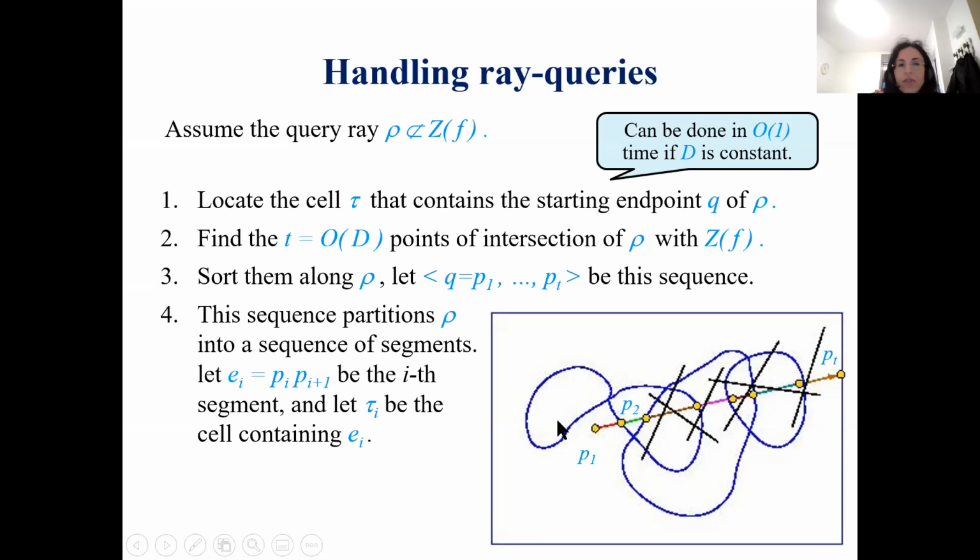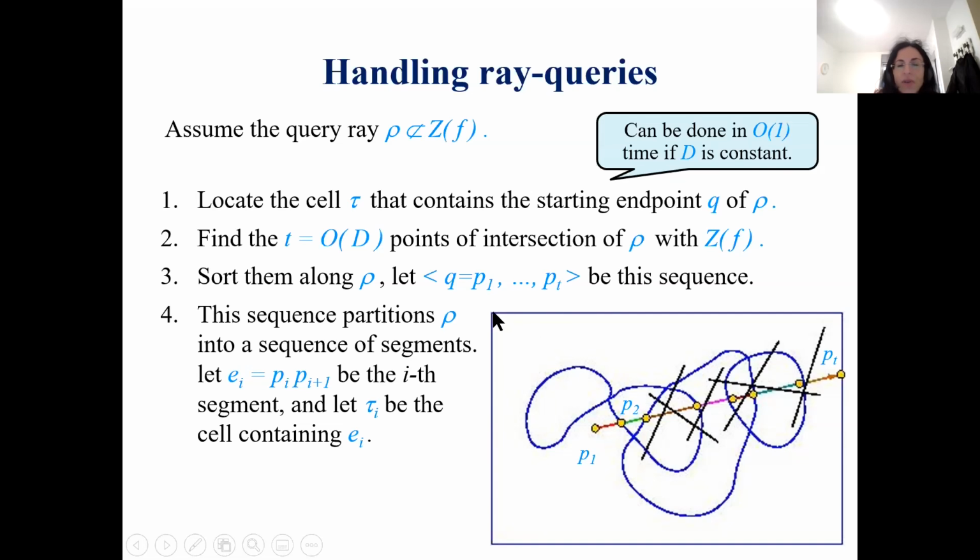The next thing to do is to find all the points of intersection of the ray rho and the zero set. There are at most O(d) such points of intersection. We call this parameter t. And then we sort them from left to right along the ray. Okay, p1, p2, ..., pt, these are the points.